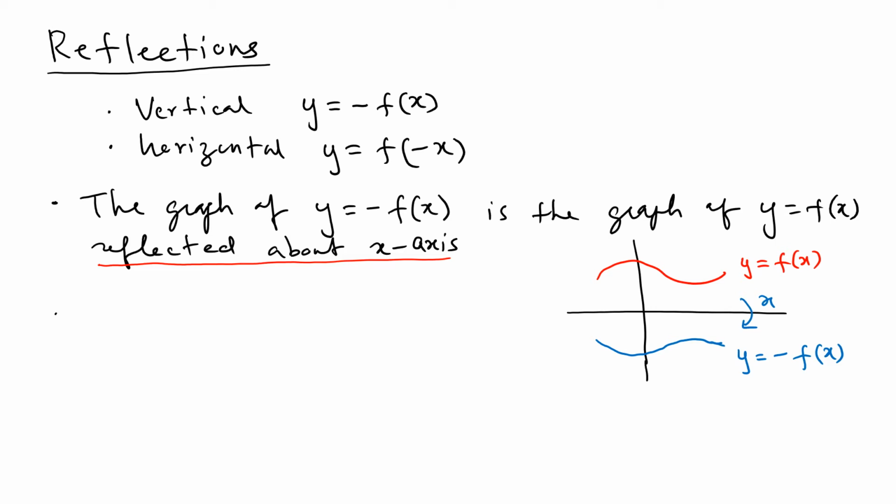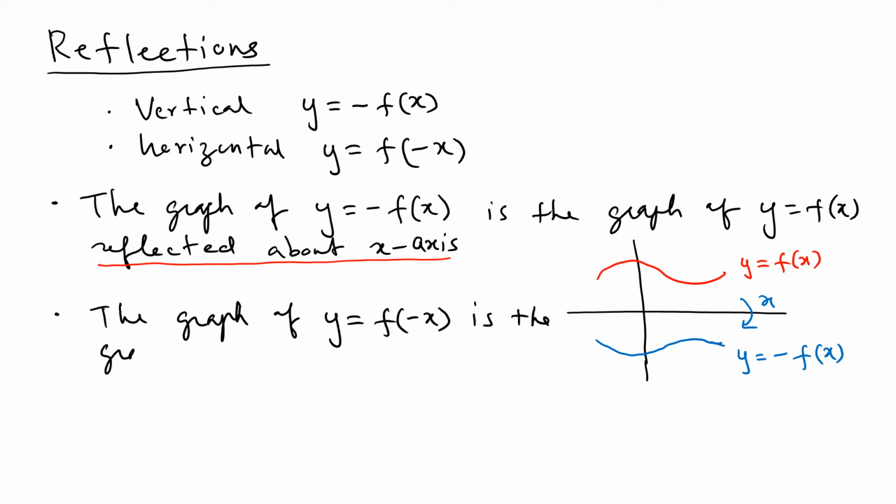And the second one is the graph of y equals f of negative x, which is the graph of y equals f of x, because it's inside, so it's a horizontal change. That means you reflect about the y-axis.